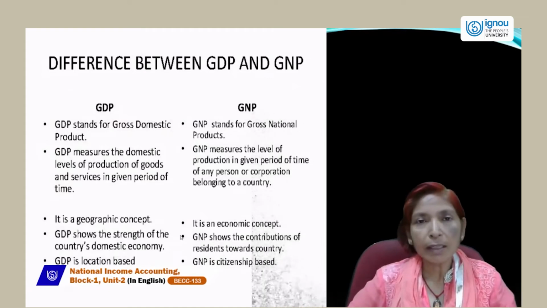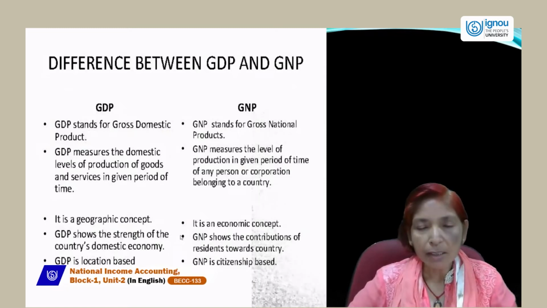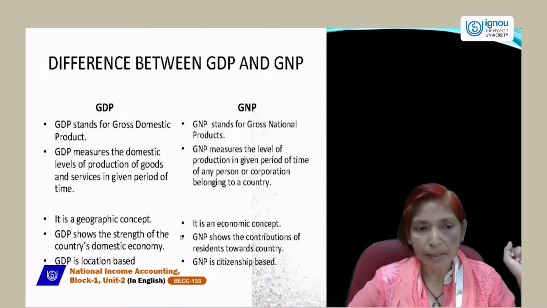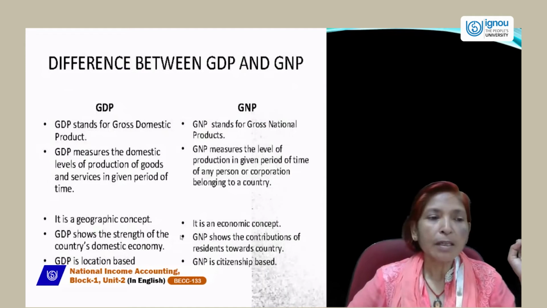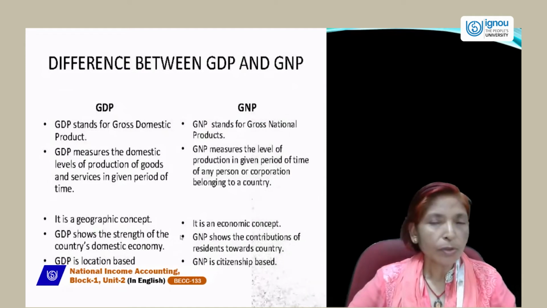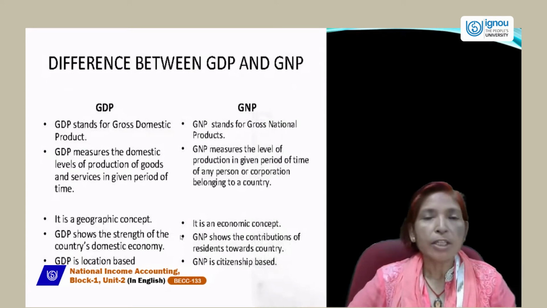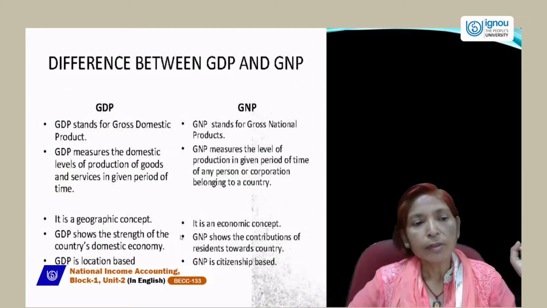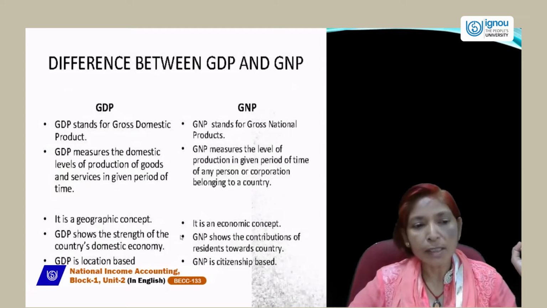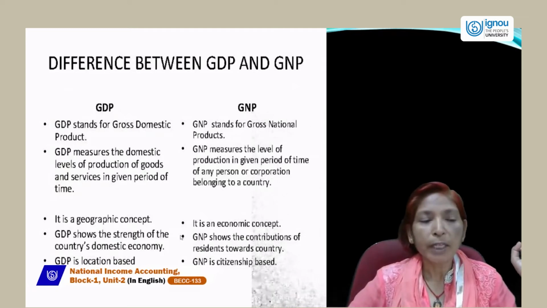Then we can differentiate between these two concepts. Now, GDP refers to gross domestic product, and GDP measures the domestic level of production of goods and services in a given period of time.